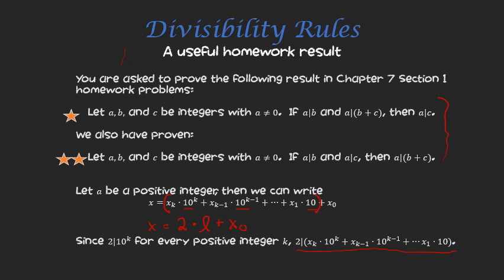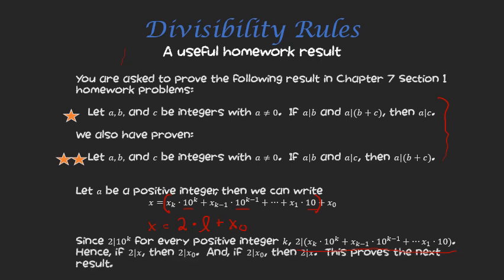And now how I can use these two previous results, star and double star, is that I can think of this first part as b, and x naught as c. I'll do a different color for those. So call this part b, call this part c, and let a equal 2, as up here.